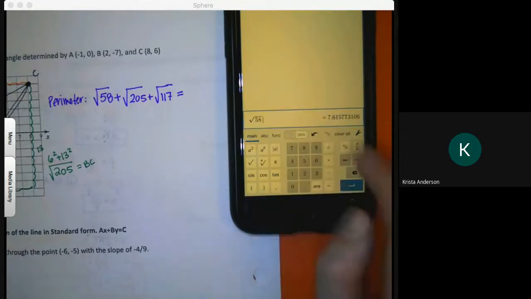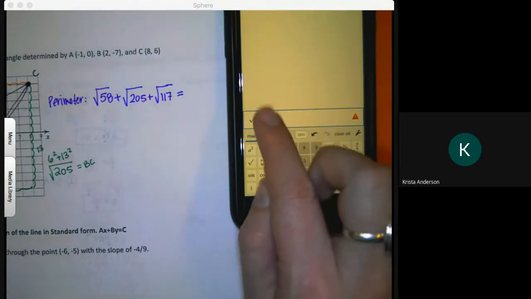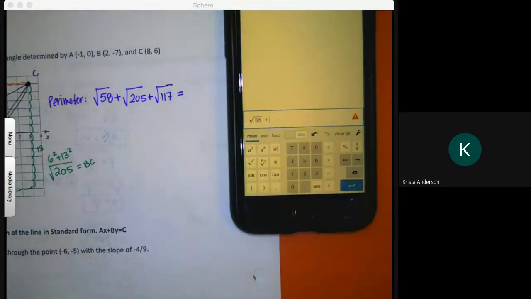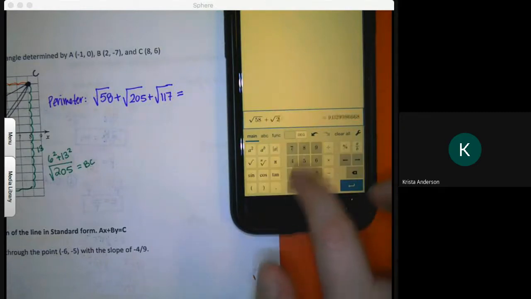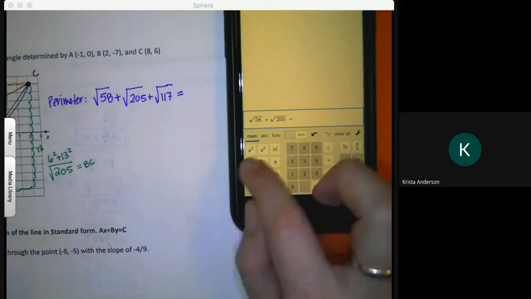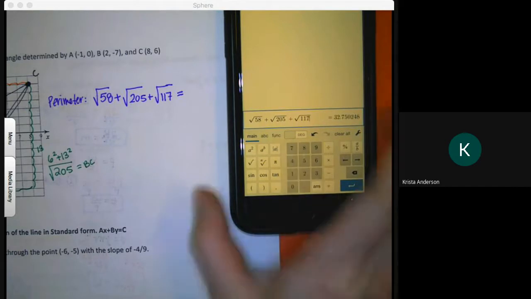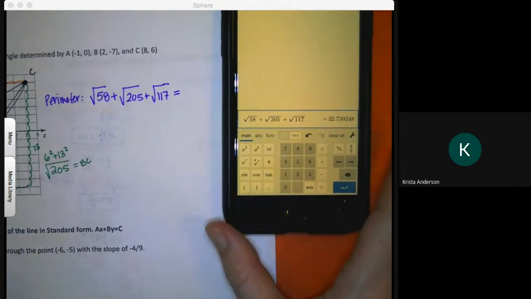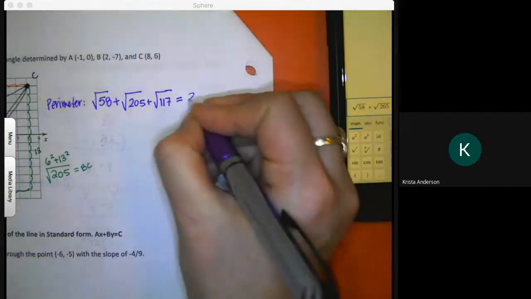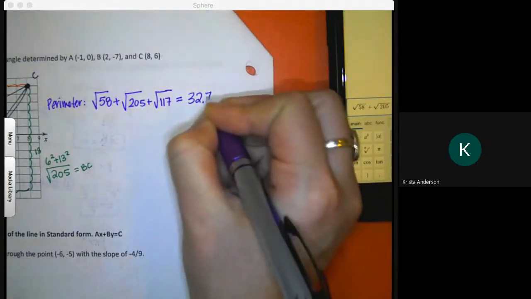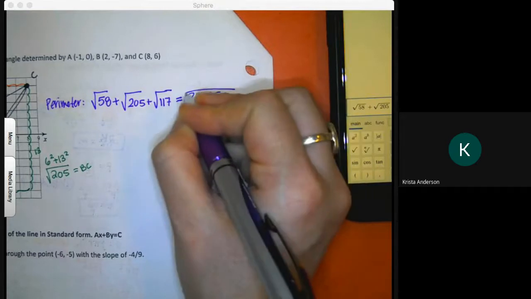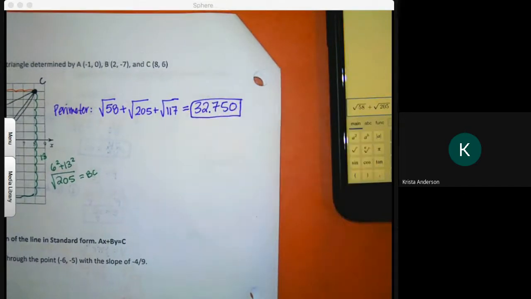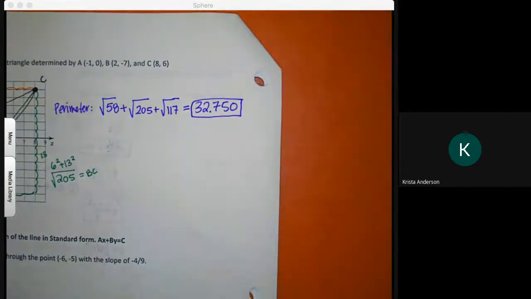I click to the side. I don't want the root to go over my plus sign. And we get 32.750 for the perimeter.